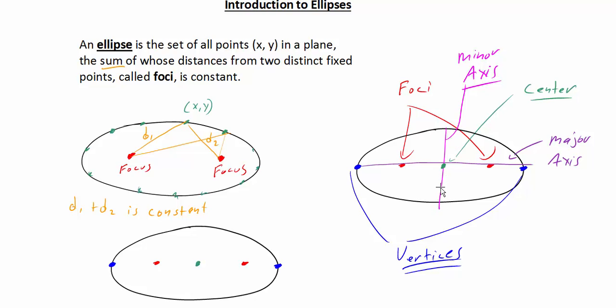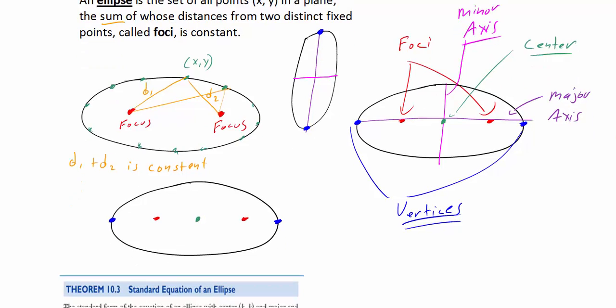Now, it is possible that the major axis is vertical and the minor axis would be horizontal. And that would be the case if the ellipse went this way. Then here, this would be the major axis, and this would be the minor axis, and then the vertices would be here at the top and at the bottom of the ellipse.